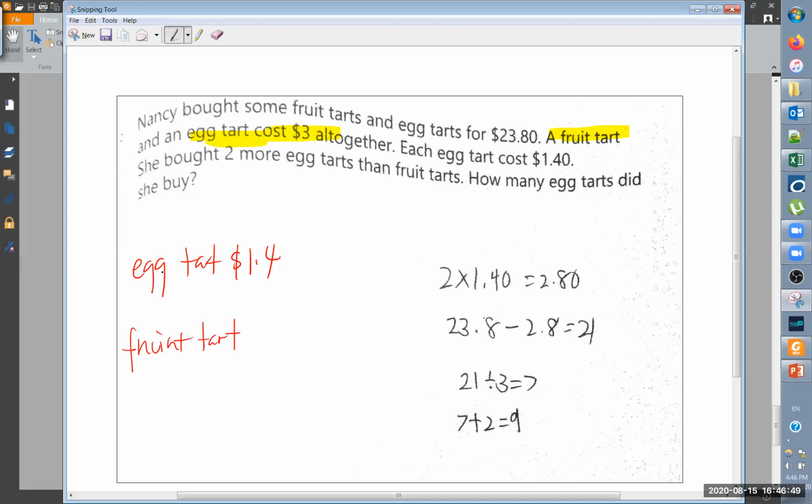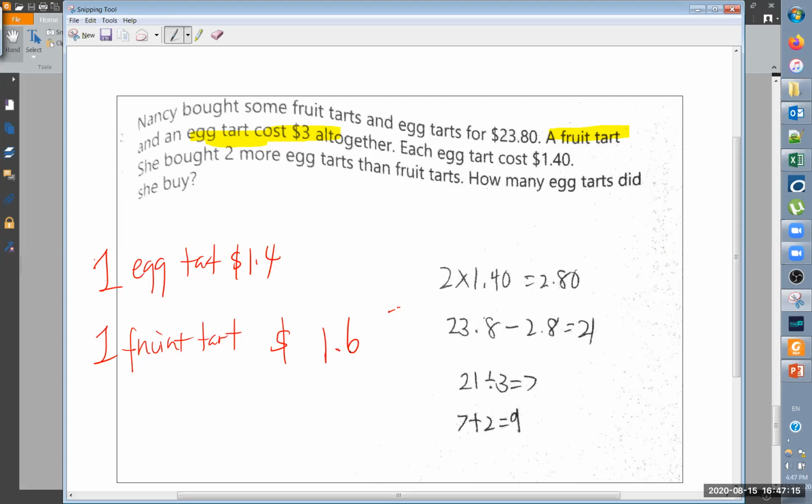How much is one fruit tart? This is one egg tart. How much is one fruit tart? $3 minus $1.40. Which is? $1.60. Very good, $1.60.